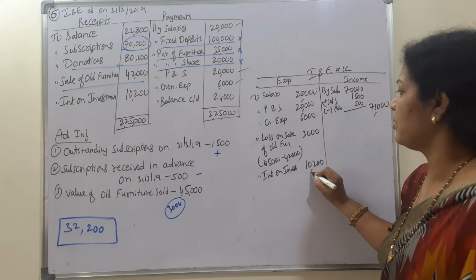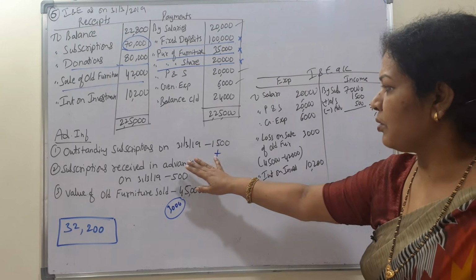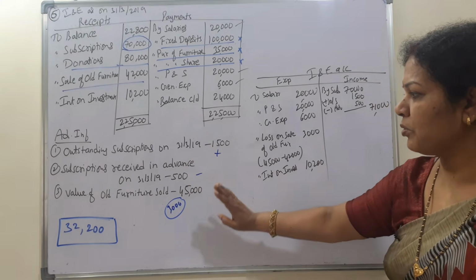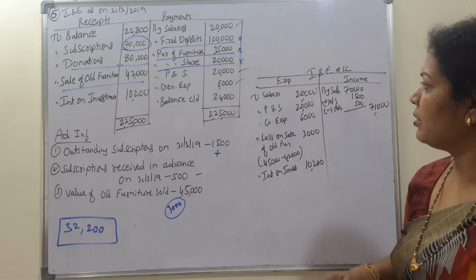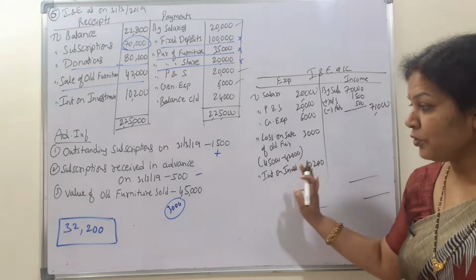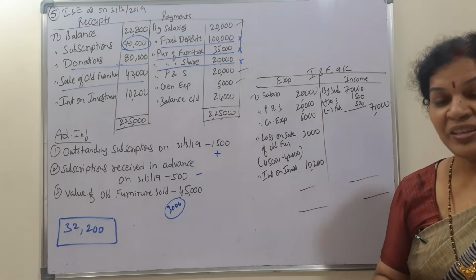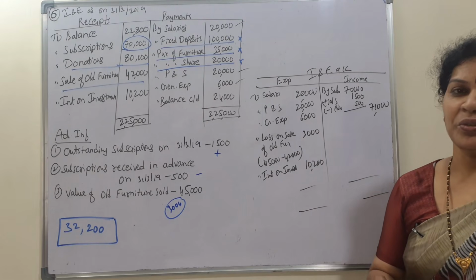Next, interest on investments, 10,200. Anything else? Outstanding subscriptions we have taken, that is also over. Yes, that's it. Now, if you do it, the surplus you are going to get is 32,200. The answer is given.